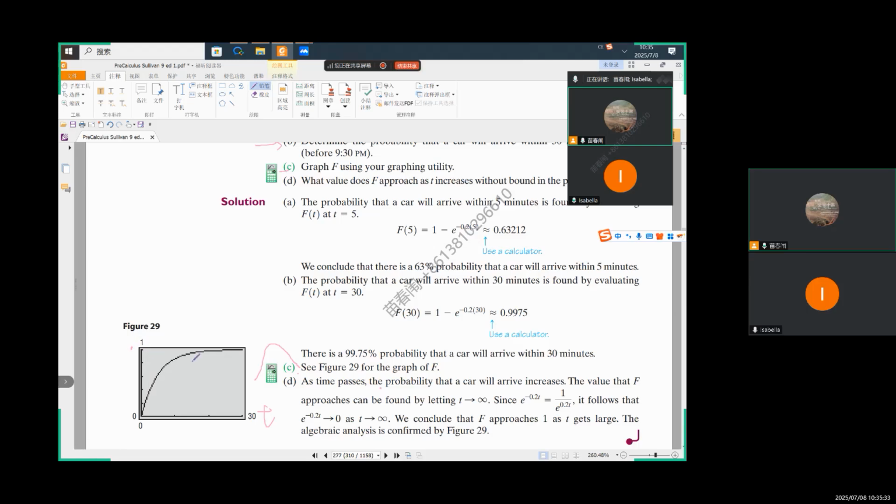Sorry, I keep forgetting the scale. This is like an asymptote, right? f equals 1 is the asymptote. So the answer would be, well, the probability is 1 at that time.